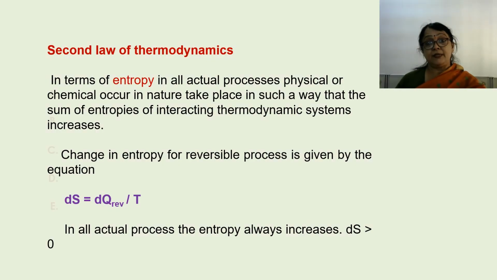The second law of thermodynamics can be explained in terms of entropy. All actual processes, physical or chemical, that occur in nature take place in such a way that the sum of entropies of interacting thermodynamic systems increases. The change in entropy for reversible processes is given by the equation del S is equal to del Q reversible upon T. In all actual processes, the entropy always increases.